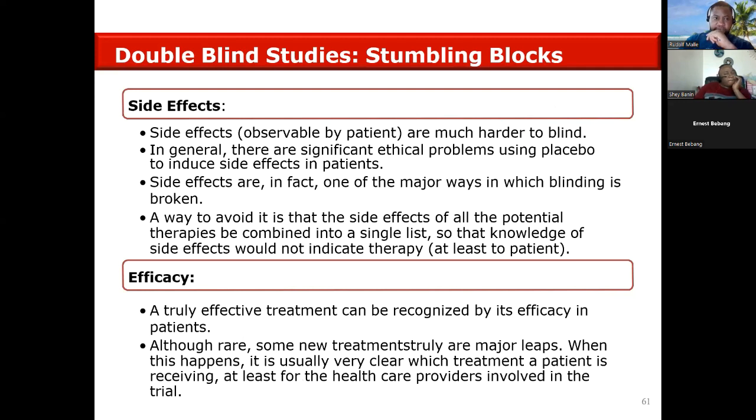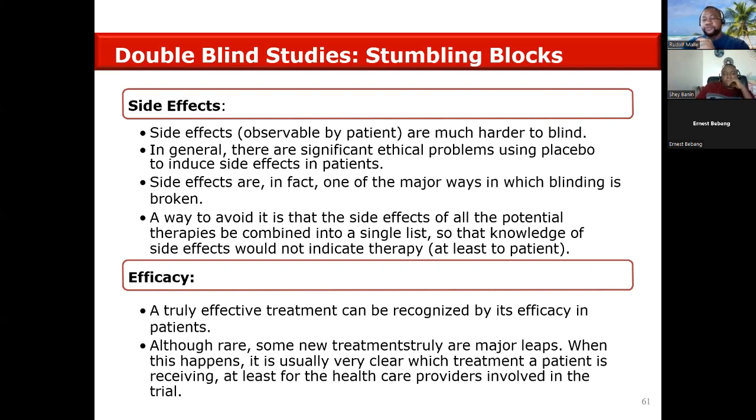Stumbling block, side effects. Side effects observable by the patient are much harder to blind. They're harder to blind because these are events that happen as the subject continues to participate in the study. Efficacy: a truly effective treatment can be recognized by its efficacy in patients. Although rare, some new treatments truly are major leaps, and when this happens, it's usually very clear which treatment a patient is receiving.